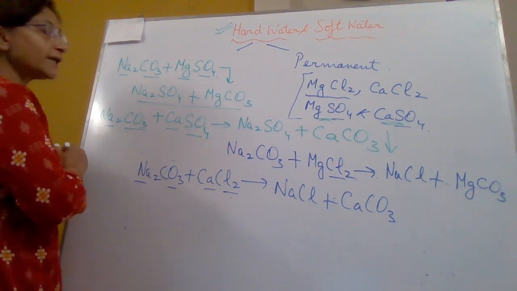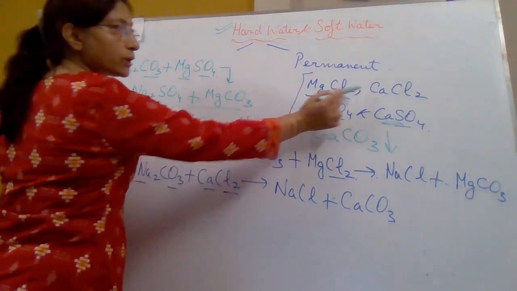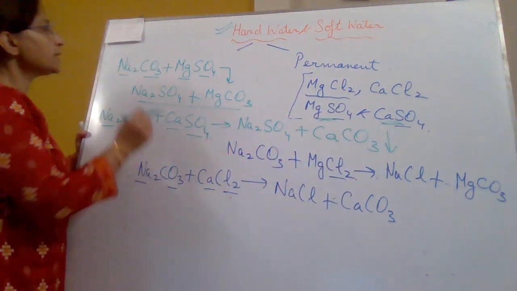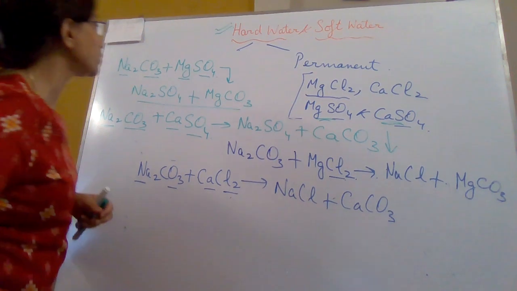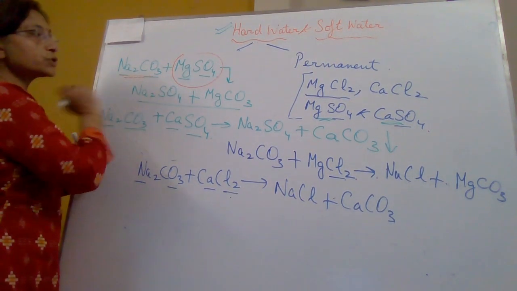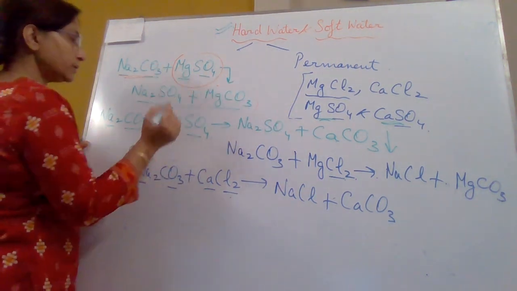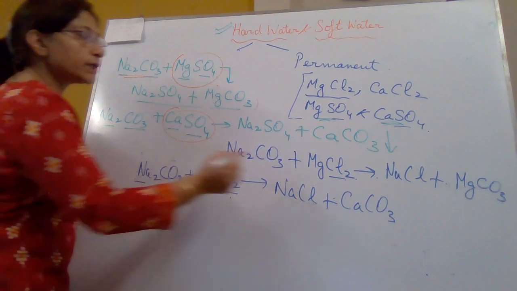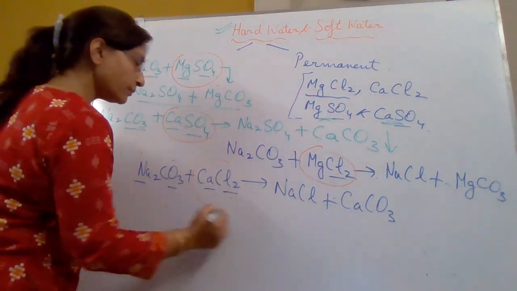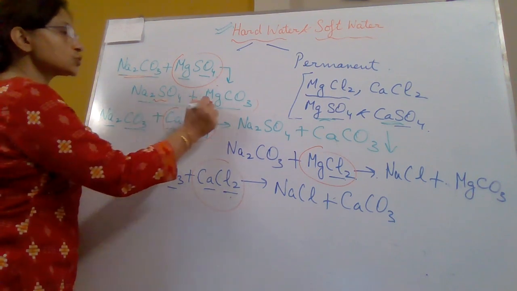That means that if we have a sample of hard water containing all these four salts, and when they are treated with the washing soda, right? Then what will happen? This washing soda is going to react with them and will produce the precipitate in the form of these salts.